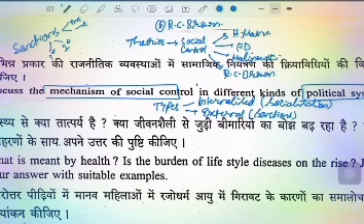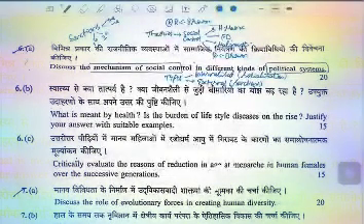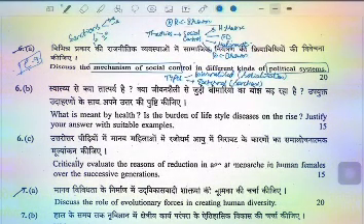All these classifications have to be discussed with respect to the mechanism, and each classification can be substantiated with an example. Please understand that we have to categorically talk about the theories existing with respect to the social control mechanism, right? Moving on to the next question.